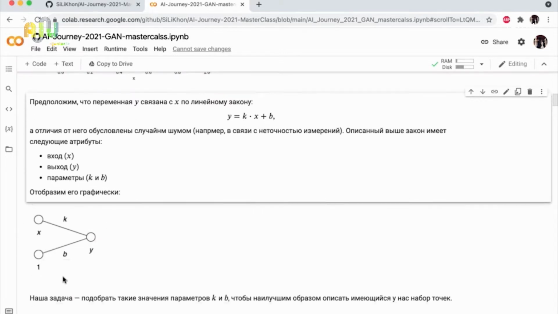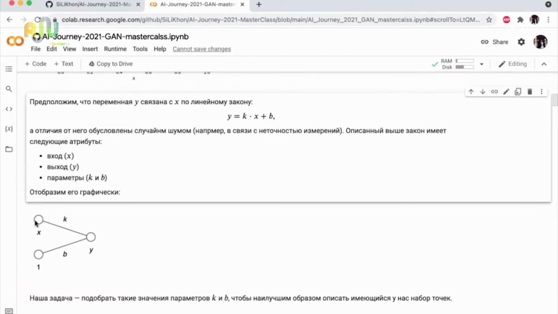And graphically, this rule can be shown as this graph, where information goes from left to right. So input is on the left, x and y. They are input and output. And we added also a 1 here, dot number 1. So every dot corresponds to a value, to a number.